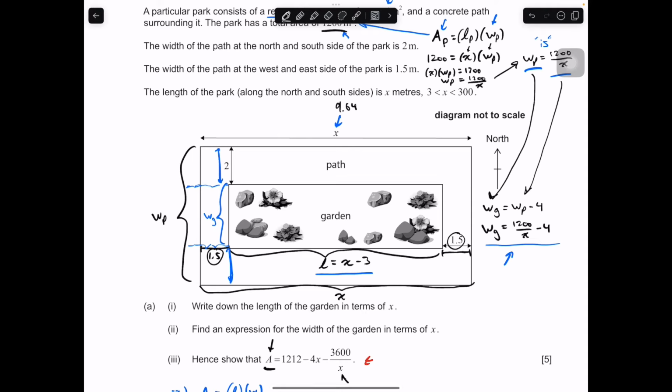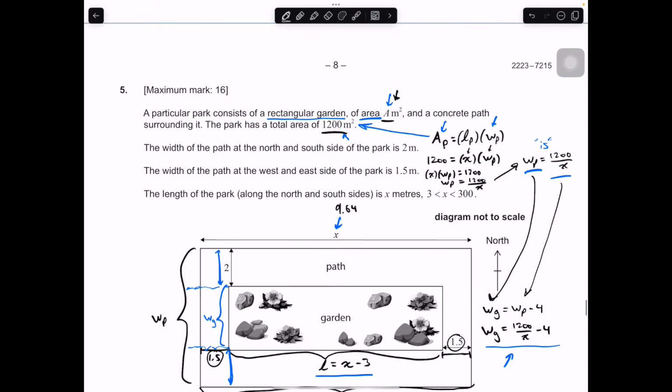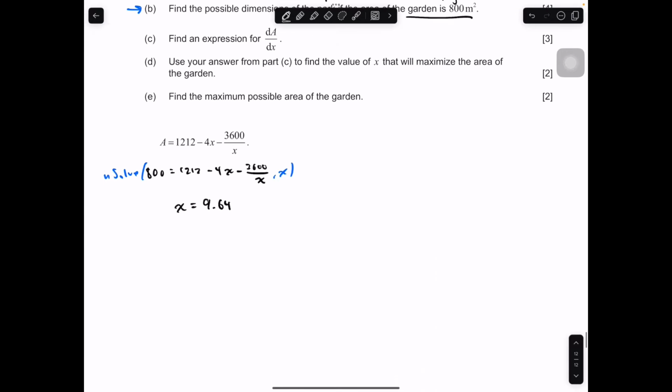And the width, the park has a total area of 1,200. So once again, area of the park is equal to the length of the park times the width of the park. X itself is the width of the park. Or sorry, the length of the park rather.